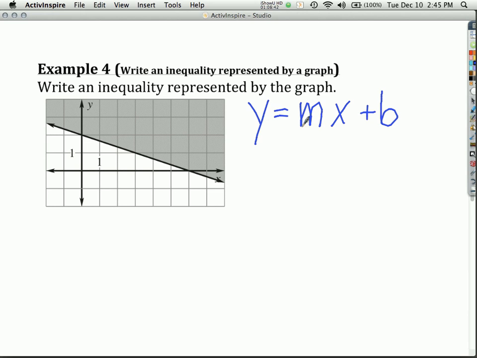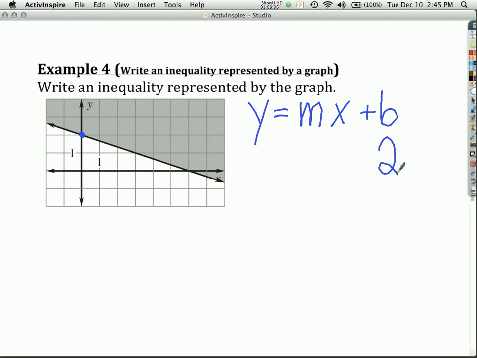Can anyone pick out any of these pieces of information right off the bat? Alexander? Very good. The y-intercept is right here. It's right there on the graph. It's 2. So I already know that that's going to be a 2. What else can we pick out? Danielle?